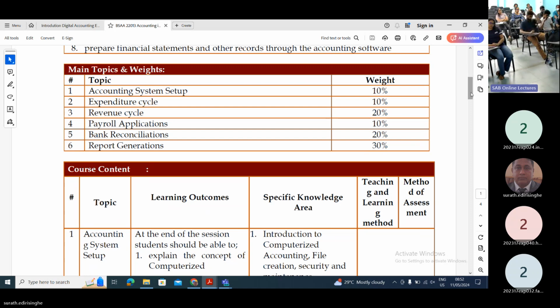Look at the weights given here. First chapter 10%, second chapter 10%, third chapter 20%, fourth 20%, and the last one has 30% weightage, given on report generation, report customization, everything. Clear?